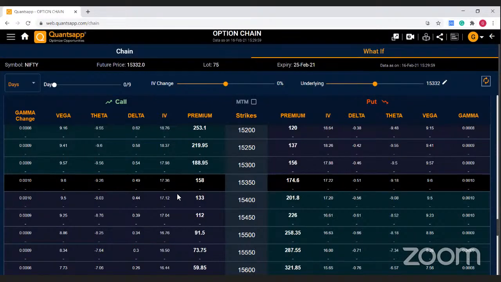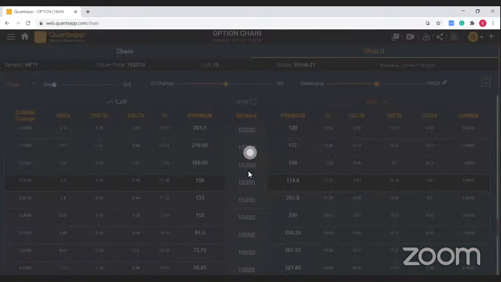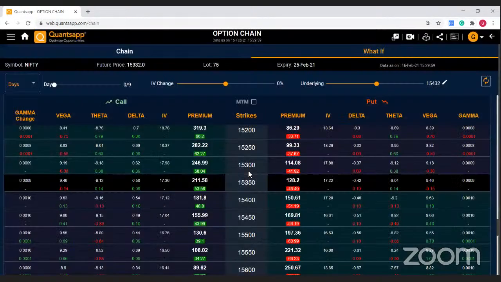So this particular thing is explained by delta. Delta says if there is a 1 point change in the Nifty, your option premium will change by 0.49 points. So if I say there is a 100-point movement, now I can see my premium has increased by 53 points.